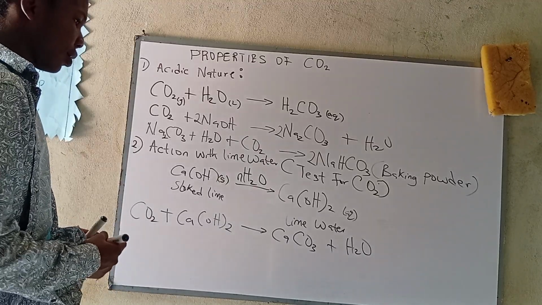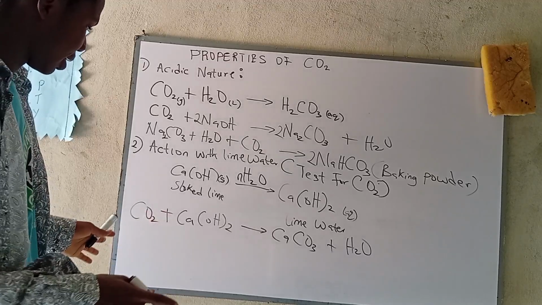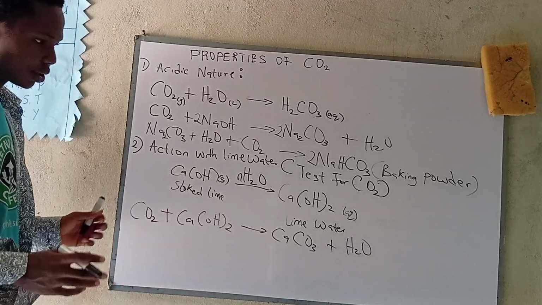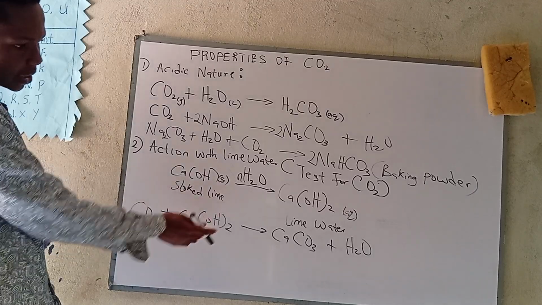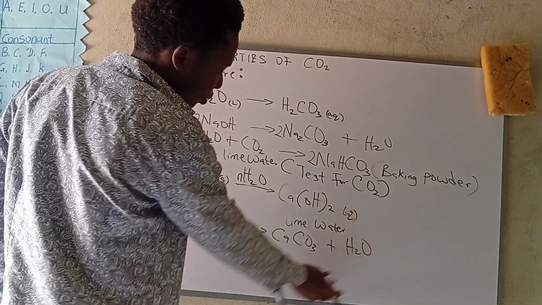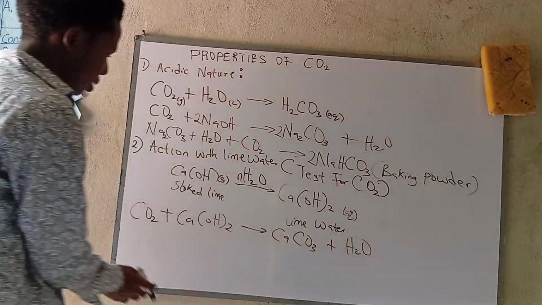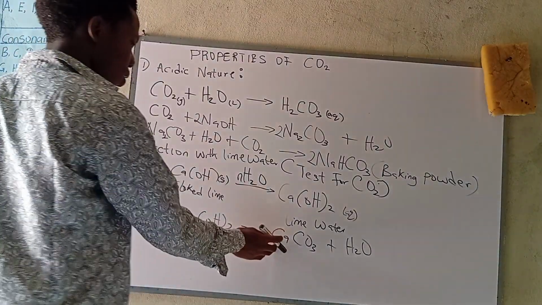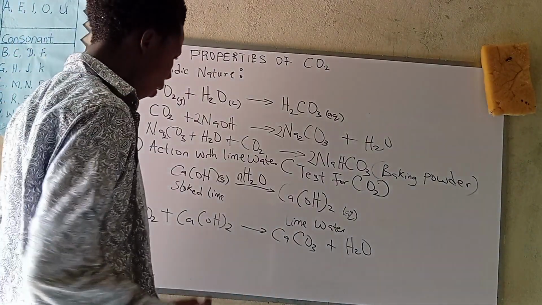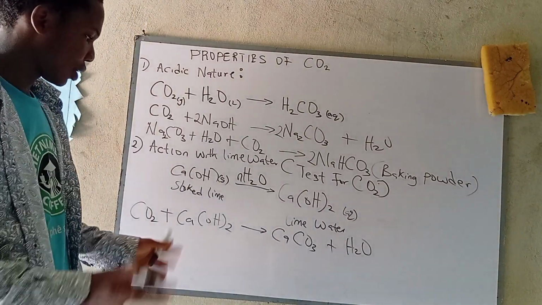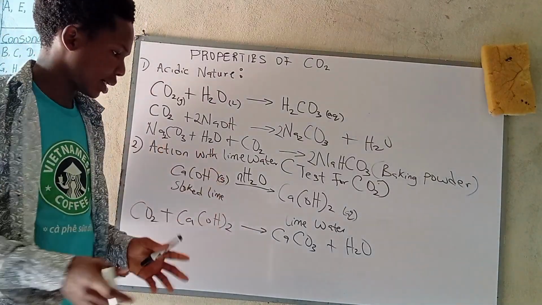So let's check if this equation is balanced. How many oxygen do we have here? We have 4 oxygen here, and 1 carbon here. Alright, so we can say this equation is actually balanced.